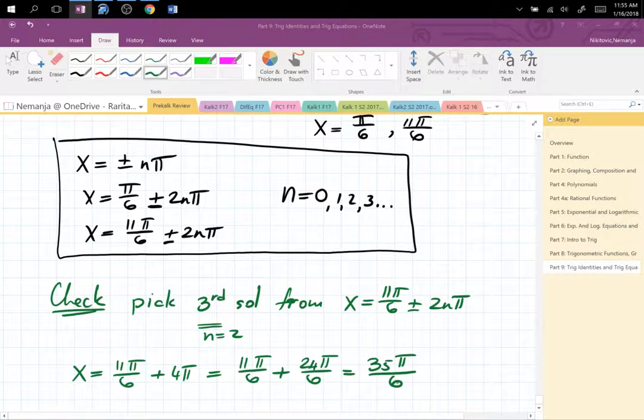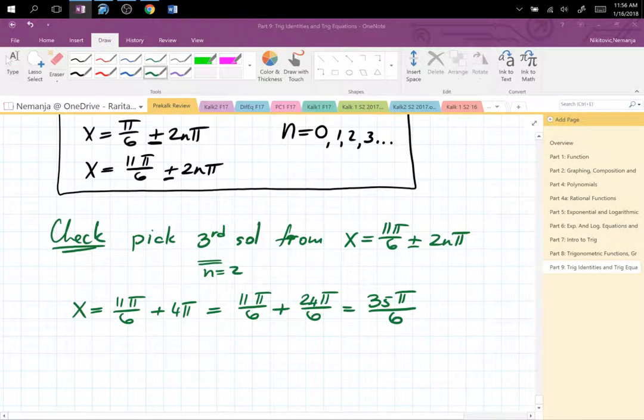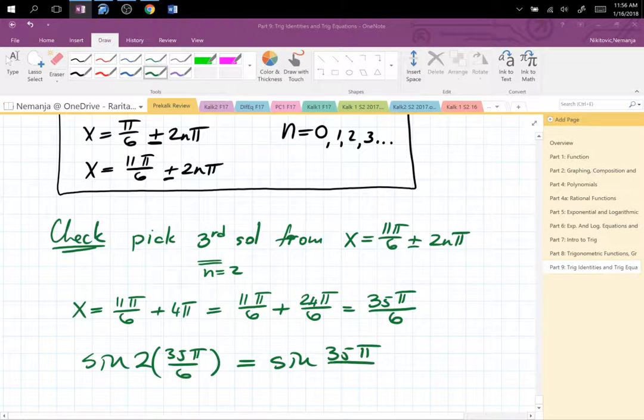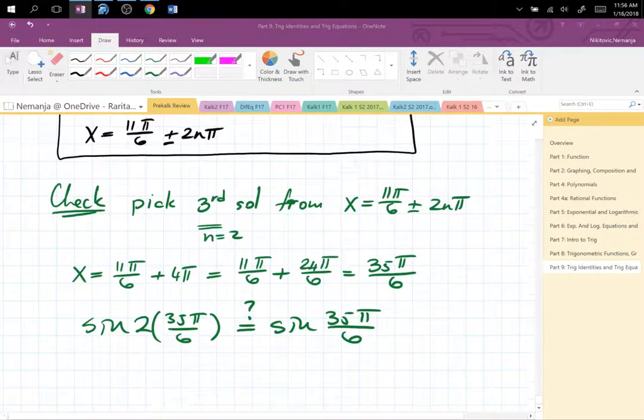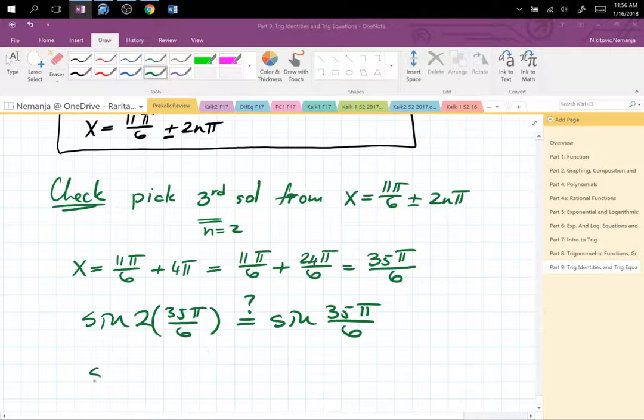That's what we have. And that needs to work in our equation sine 2x equals sine x. So sine of 2 times 35 pi over 6 needs to be equal to sine of 35 pi over 6. I need this to be the same. So you can check your answers by simply plugging stuff in. Now, on the left-hand side, the 2 and 6 cancel, so you just have 35 pi over 3.